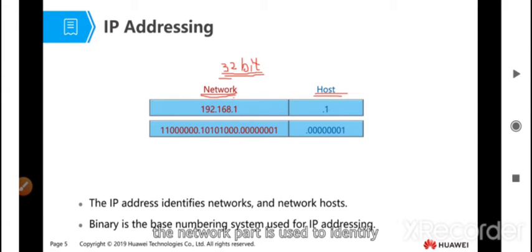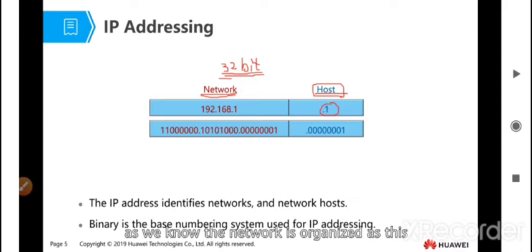The network part identifies which network this host exists in. The host part means the host number in this network.